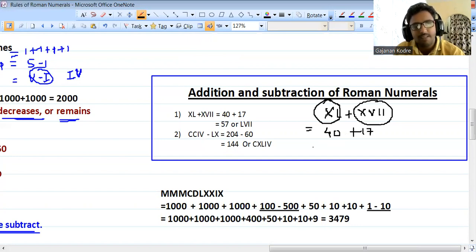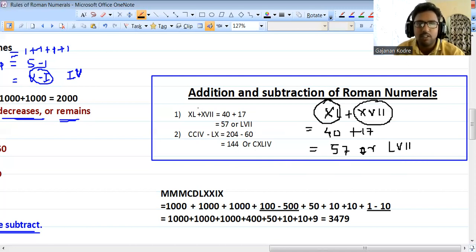Like this you will convert, and at the last you will add or subtract. So 40 plus 17 is 57, and 57 can be written as 50 plus 7, 50 is L and 7 is VII. So in this way, you can write the sum of Roman numerals as well as the difference of Roman numerals. No need to do anything extra over here.